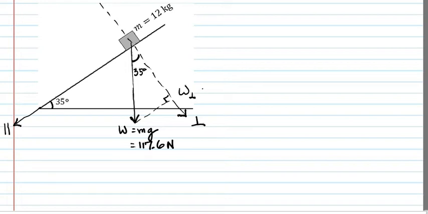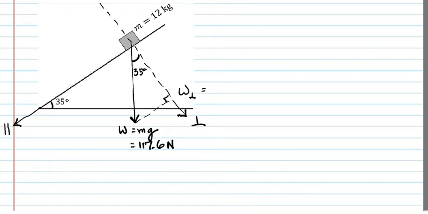And if we look at the cosine of 35 in this right triangle, cosine of 35 would be the adjacent, which is the W perpendicular, divided by the hypotenuse, which is the weight as a whole, the 117.6.